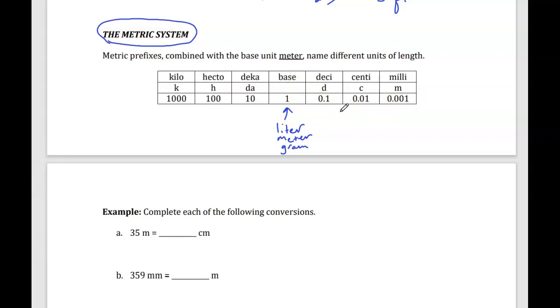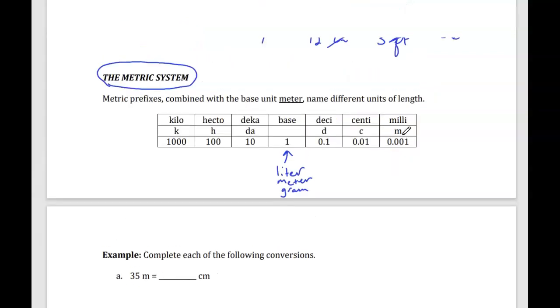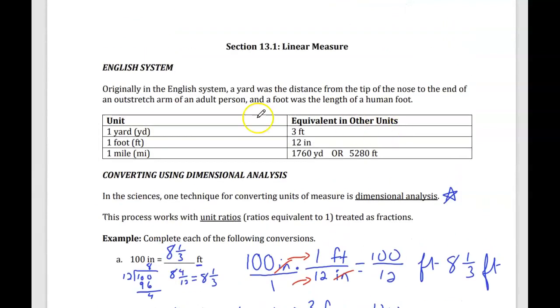Now, we don't usually use dimensional analysis when we're talking about the metric system. You can, but it gets very confusing if you try to use the dimensional analysis within just the metric system. Here in the English system, yes, use the dimensional analysis.